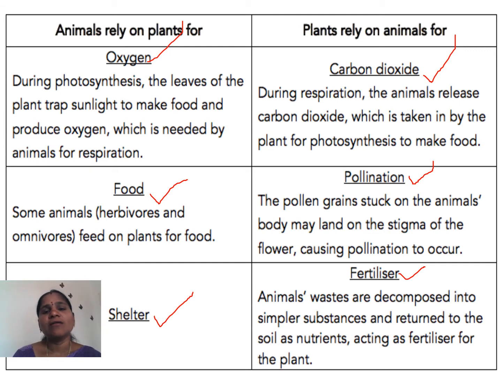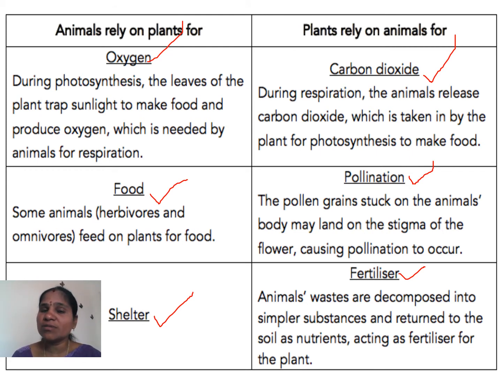In the same way, for construction of different houses, to make windows or doors or furniture, chairs or tables, all that material humans get from plants, by cutting the trees and using the stem material to make different kinds of furniture items.